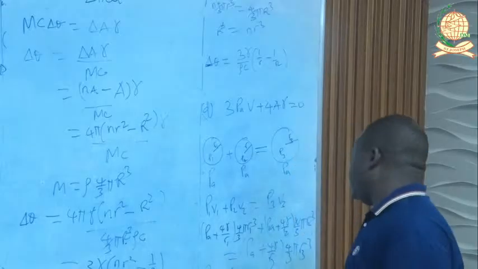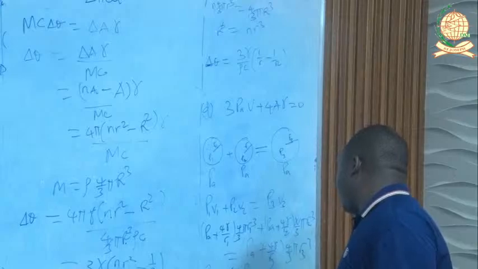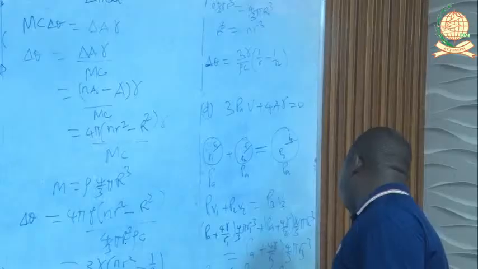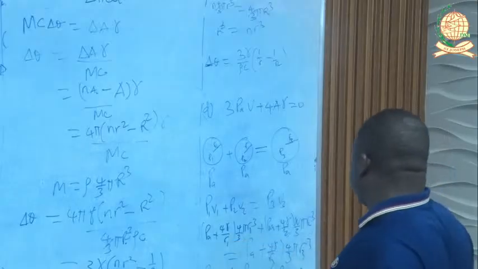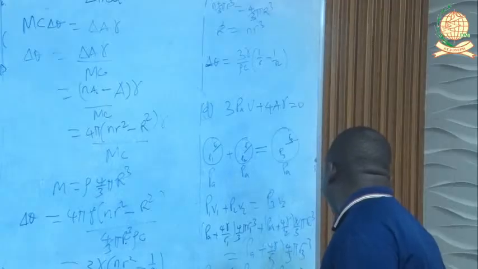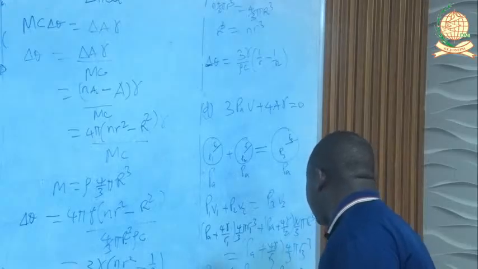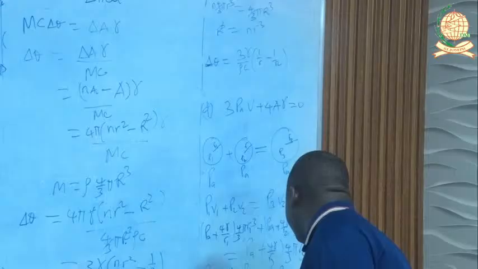plus PA 4 over 3 pi R2 cube minus PA 4 over 3 pi R cube equals to, I take here the other side, which will be equal to this times that one. R and R will cancel out, so it will be 4 gamma over 3.